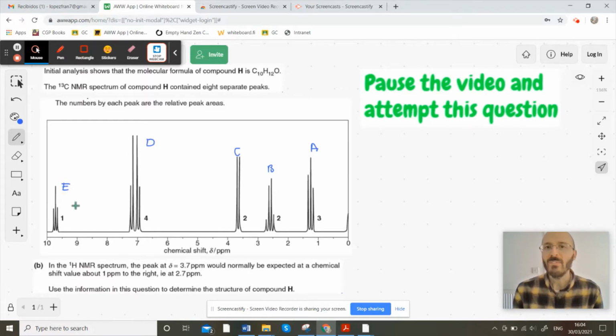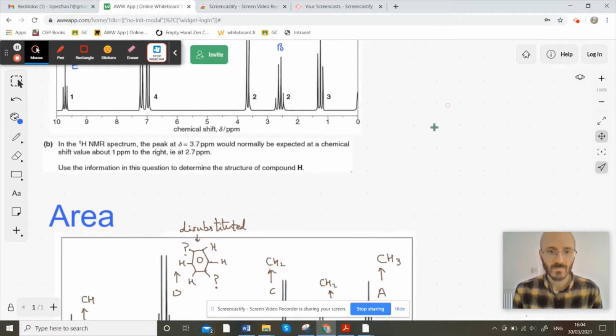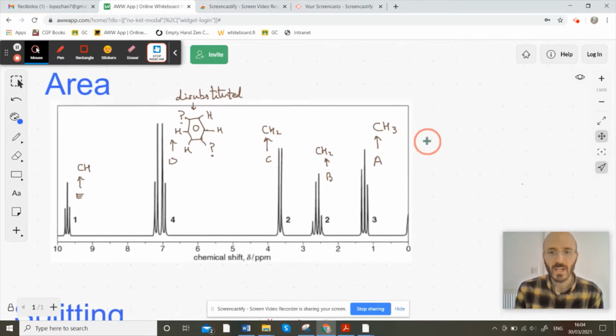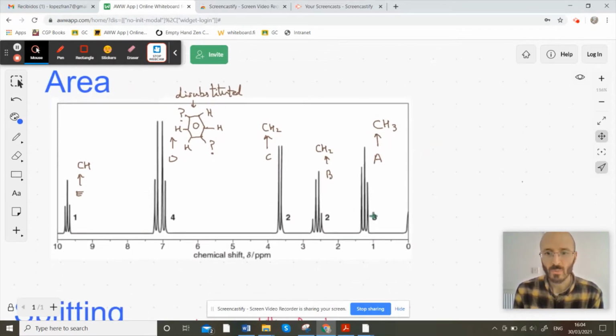For everything that is very difficult, I think the best thing is to start from the easiest side, which in this case I would say is to analyze the area. So from the area, here is 3, and therefore methyl, 2, and so on.